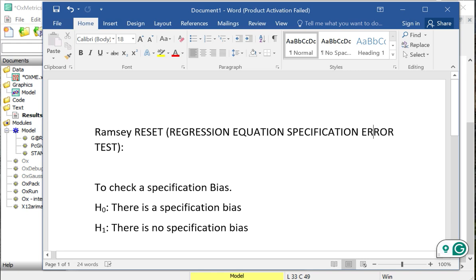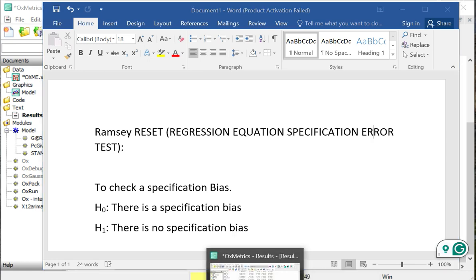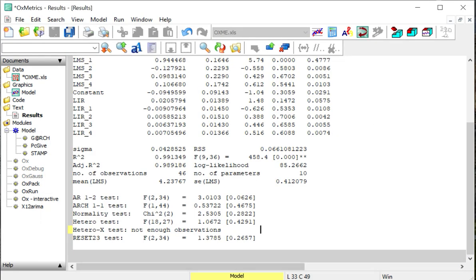So we should reject H0 in order to free the result from specification bias. Moving further, this is all about the regression result.